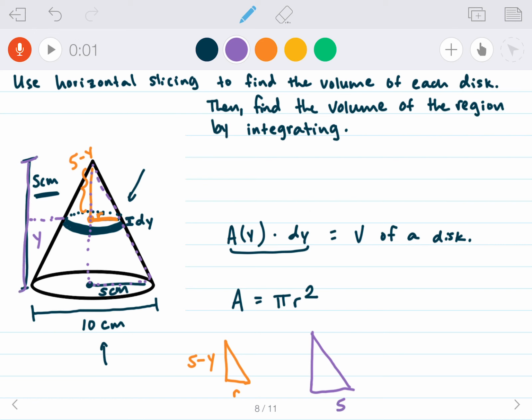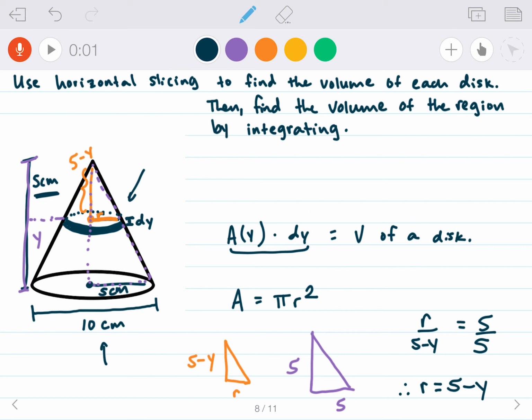So let's set up a proportion. r is to 5 minus y, so the base is to the height of the orange as the base is to the height of the purple. And all we have to do is solve for r. Multiplying both sides by 5 minus y, we get that r is equal to 5 minus y. So now we have r in terms of y, which is what we wanted.